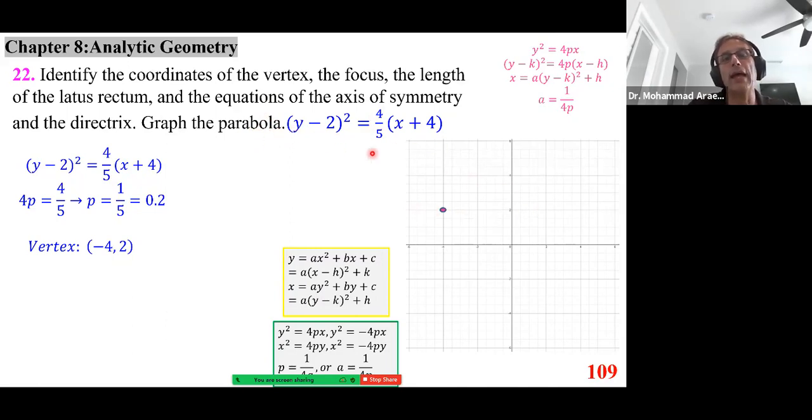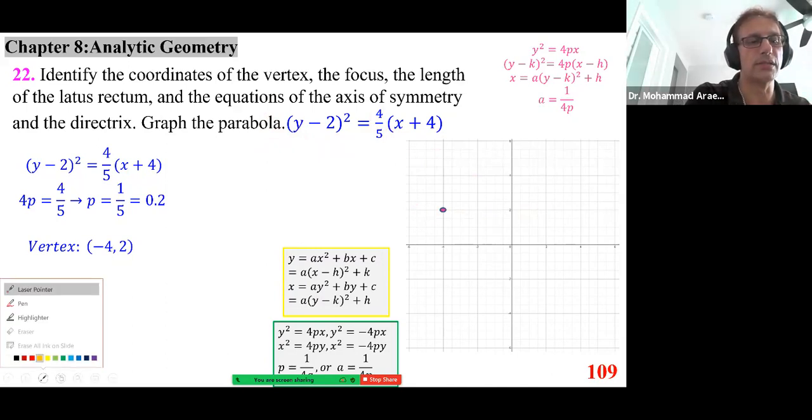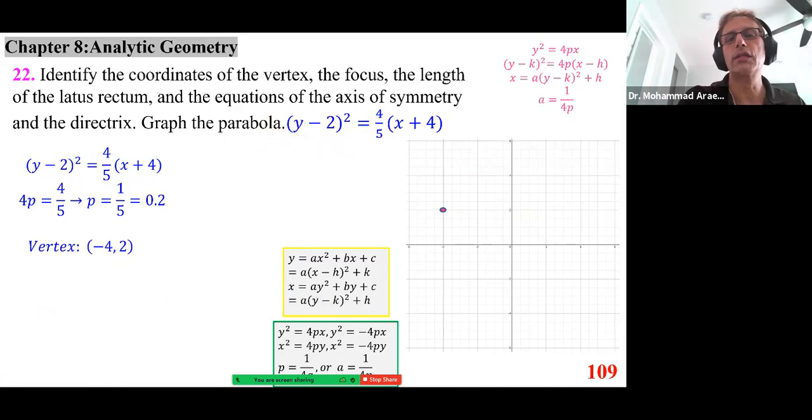You should know that. In fact, let me write that for you so you see how that works, because it's really helpful. This 4/5, I can write it as 5/4 times y minus 2 squared equals x plus 4.